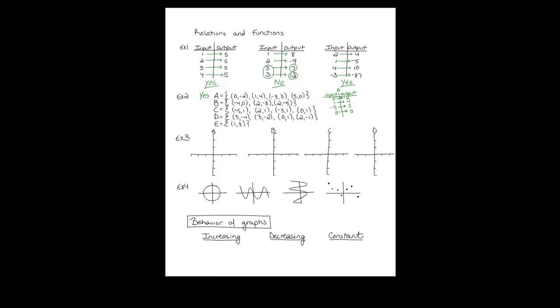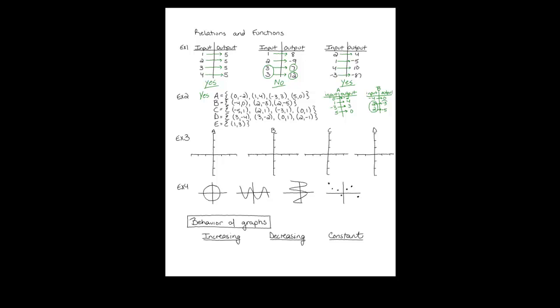Doing the same for B, we have (-4, 0), (2, -3), and (2, -5). So I'm going to draw another table here. Here's the input column, here's the output column. And writing our ordered pairs down here, we have -4 goes to 0, 2 goes to -3, 2 goes to -5. And here we can see a problem.